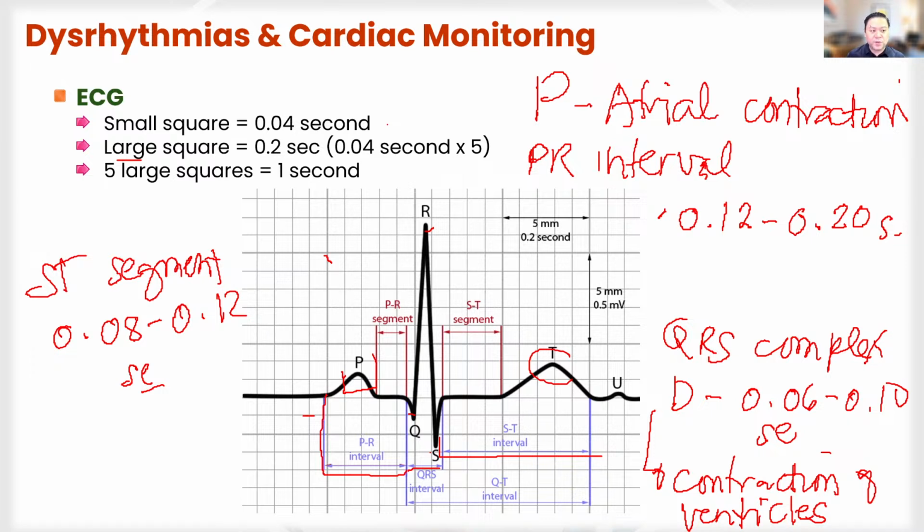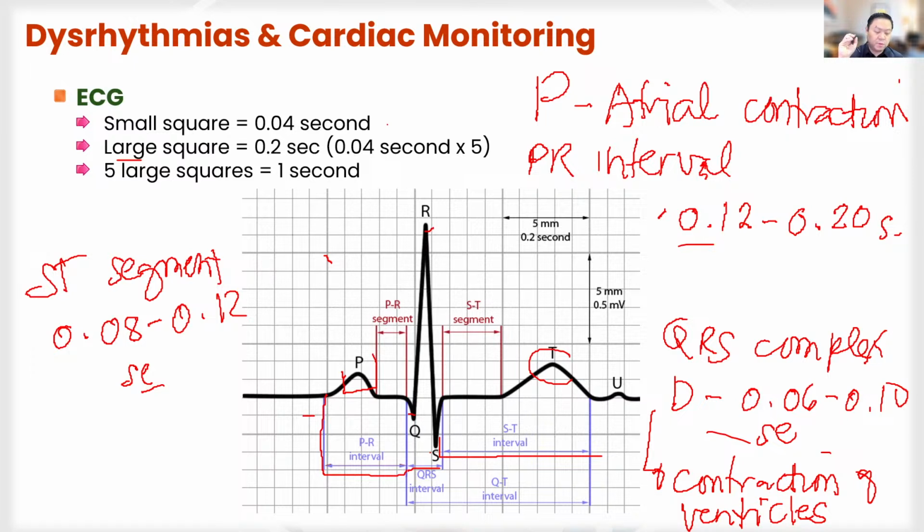To recap, I want you to recall the normal duration for the PR interval, the QRS complex, and the ST segment. These are the key values you need to recall in order to identify if there's any widening or narrowing of the complexes.